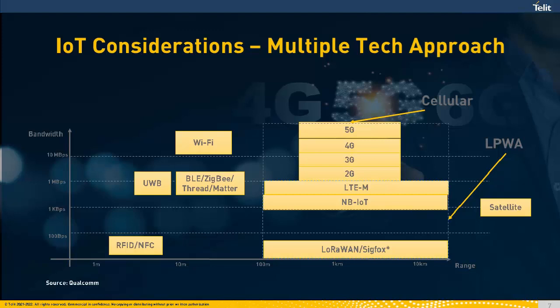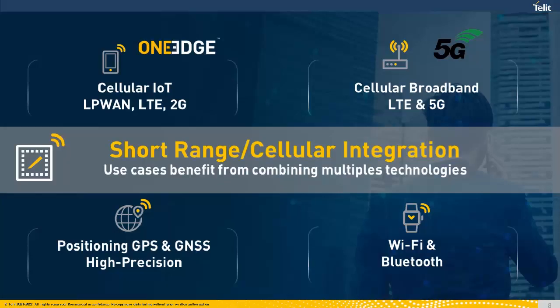For example, we have low bandwidth and very short range technologies like RFID or NFC, or going up in range and bandwidth, we can have 5G cellular connection. So we have all the possible ranges and bandwidths in the middle.